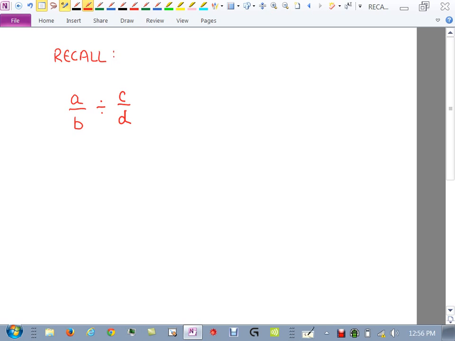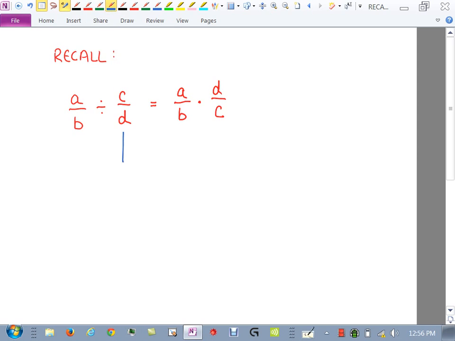What we did is we said division is the same as multiplication of the reciprocal or something like that. And all it meant is that you rewrite the first fraction, don't change it, you change division to multiplication, and then you flip or reciprocate the other fraction.